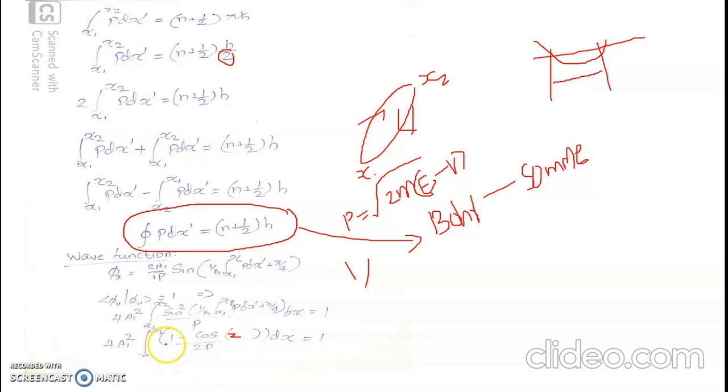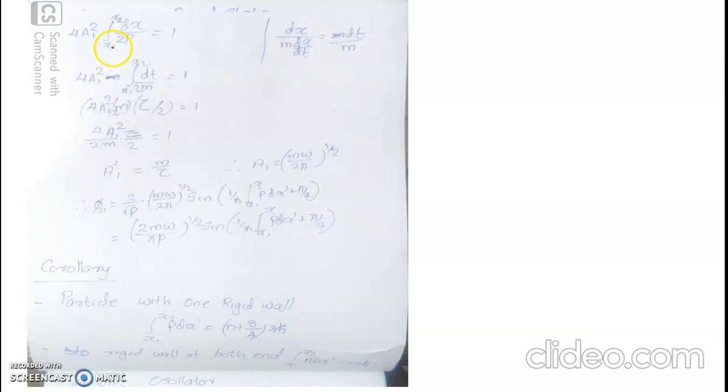Now we will be integrating this in two different terms: integral 1 by 2p dx, minus, of course the constant part is common, integral x1 to x2 cos twice an angle dx by 2p. But the integral of cosine over half a cycle, from x1 to x2, will be 0, so that term will go, and what remains is a1 square integral x1 to x2 dx divided by 2p, that's equal to 1.